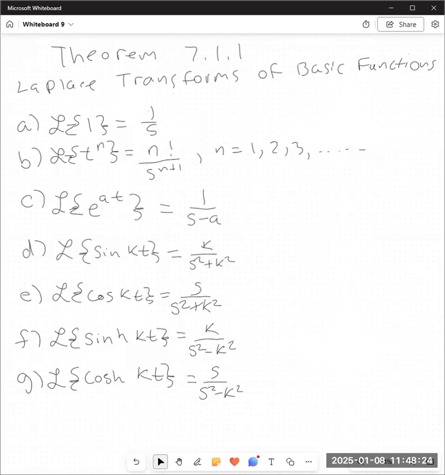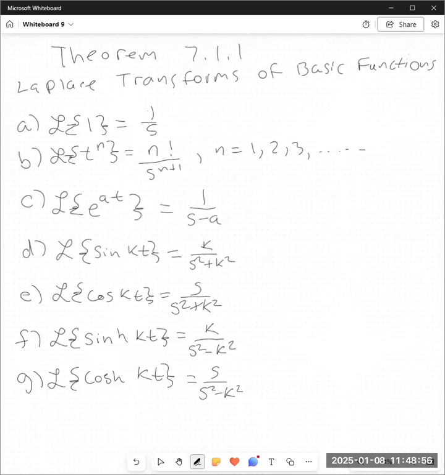Okay, second rule here, the Laplace transform of t to the n is going to be n factorial in the numerator. Hopefully you've dealt with factorials before this and know what that is. If not, go look that up. We'll be using it a little bit later, but this is not the place for me to teach that to you right now.